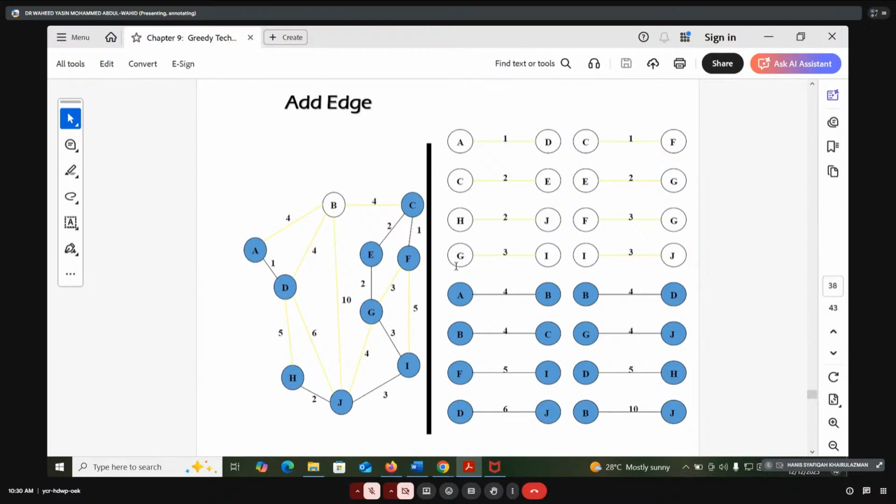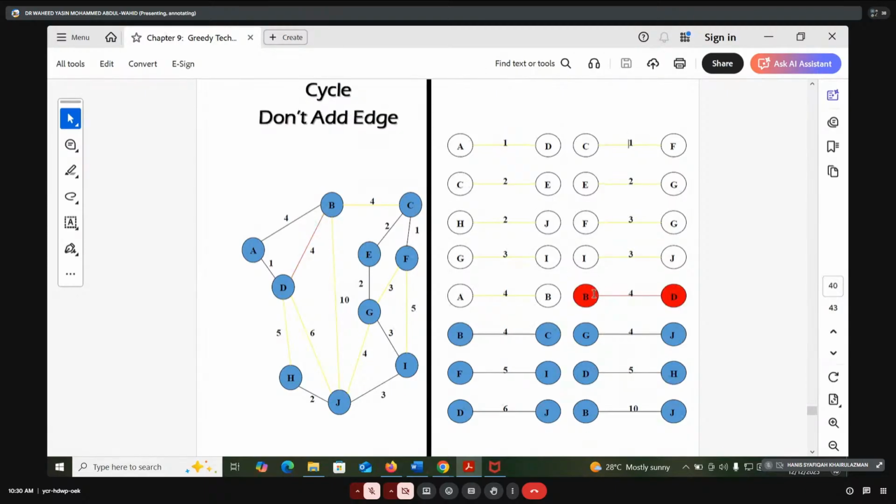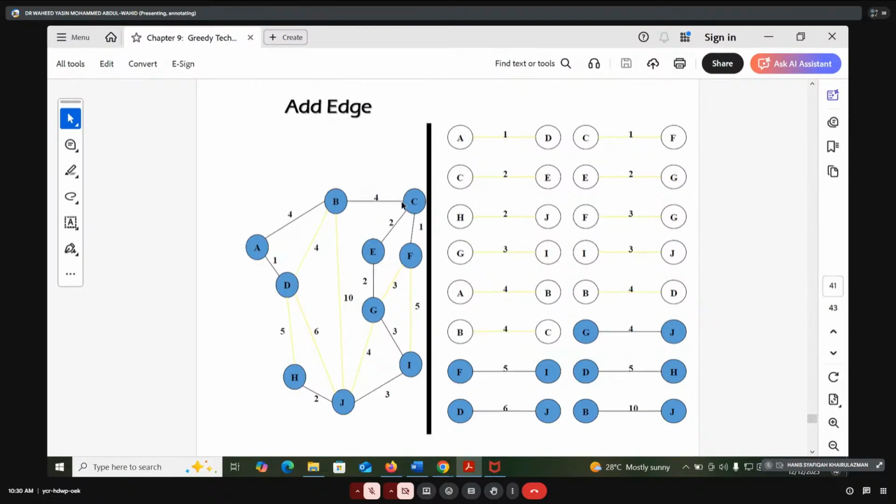AB 4. Okay. BD 4. If I select this one, there will be a cycle here. So I will ignore it. Then BC. BC 4, yes, I select it. GJ. Where is GJ? GJ will be a cycle. So I will ignore it.